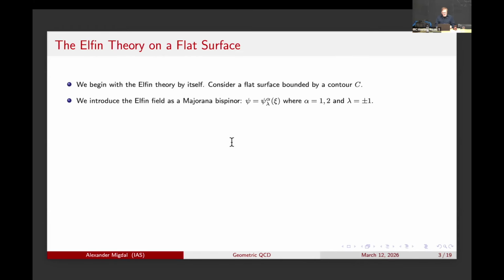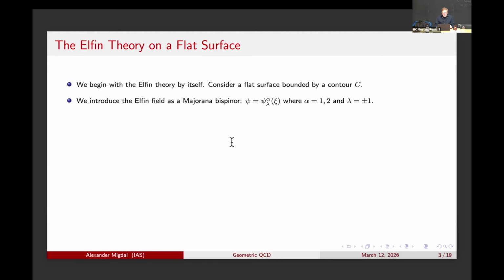So we start with the ELF theory by itself, without a possible relation to planar graphs of QCD. So we introduce the fermionic field. Could you see that small print? Yeah. Okay, fine. Because I see it well. Okay.